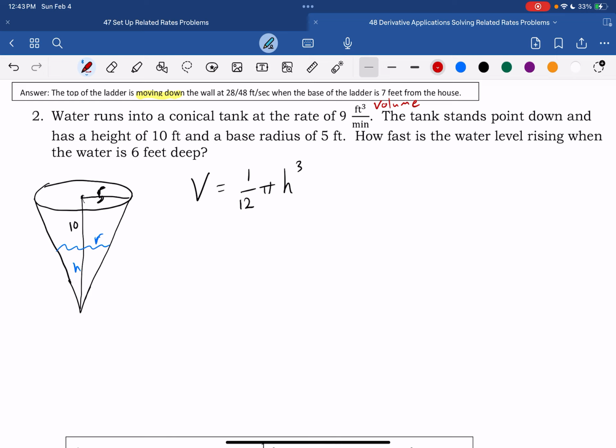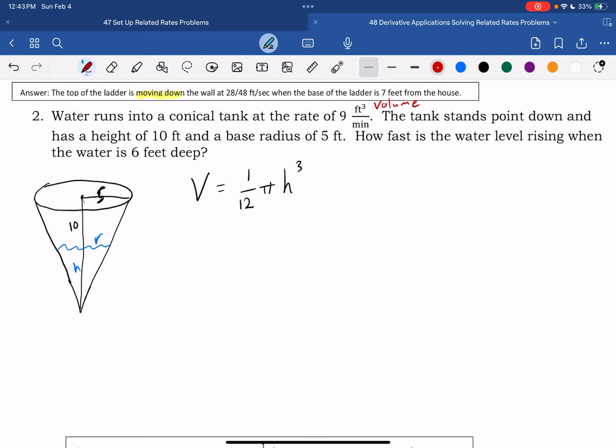We're told that the tank stands point down, so we drew almost like an ice cream cone that's being filled up with water. We were given a bunch of information that the height was 10 feet, base radius was 5 feet. This allowed us to come up with the relationship between those using similar triangles, so we get our volume in terms of just the height here.